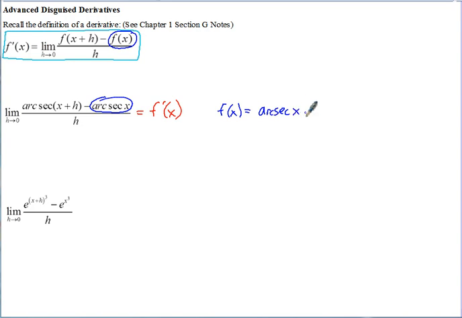And then you take the derivative just this way, rather than having to use the definition. So the derivative of arc secant, remember, doesn't start with co, so it's positive 1 over the absolute value of x times the square root of x squared minus 1. And since this limit equals the derivative of that function, that's what this limit equals.